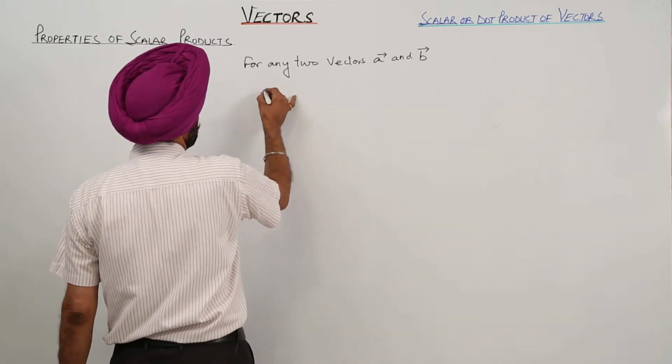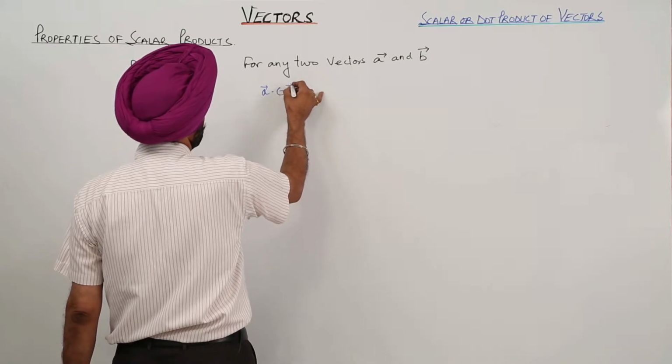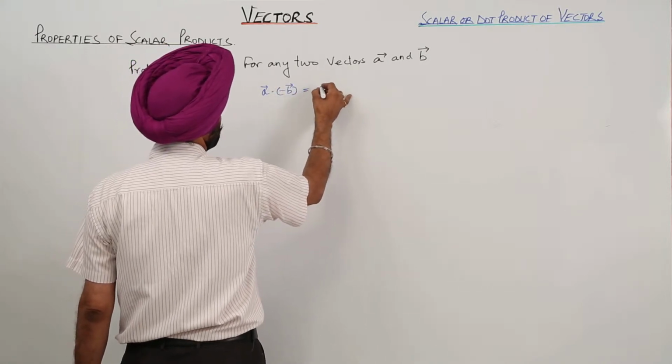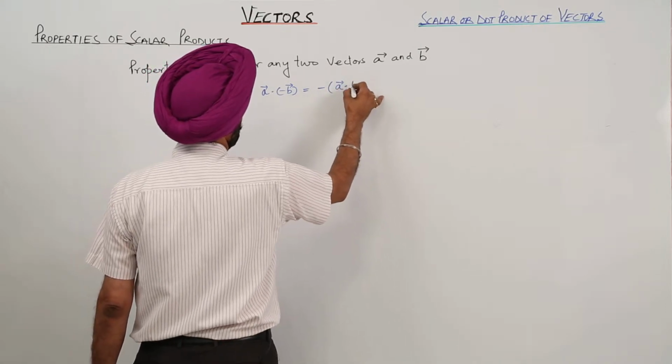If we are having vector A dot negative of vector B, this can be written as negative of vector A dot vector B.